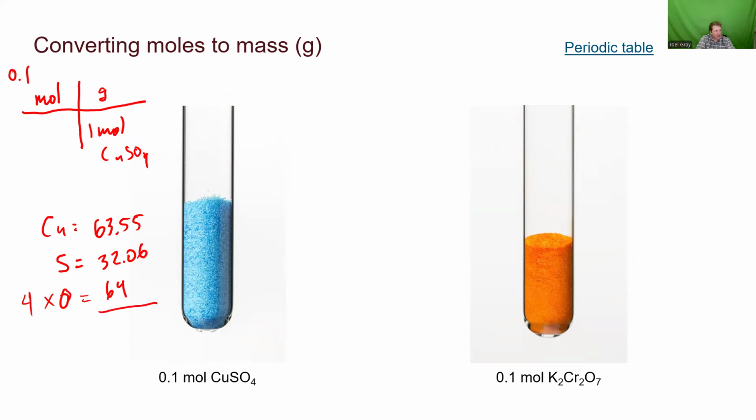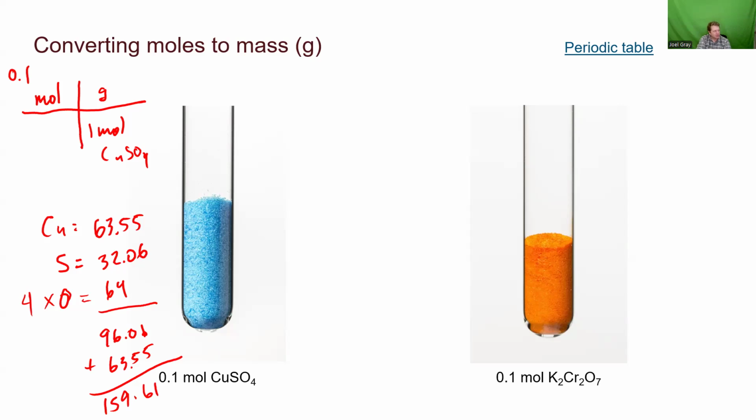So my total mass is, let's see, 64 plus 32.06 is 96.06. And then plus 63.55. That's going to get me 159.61.